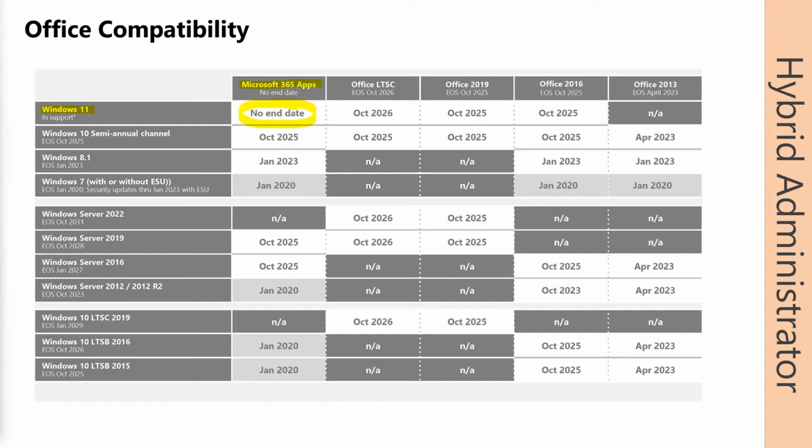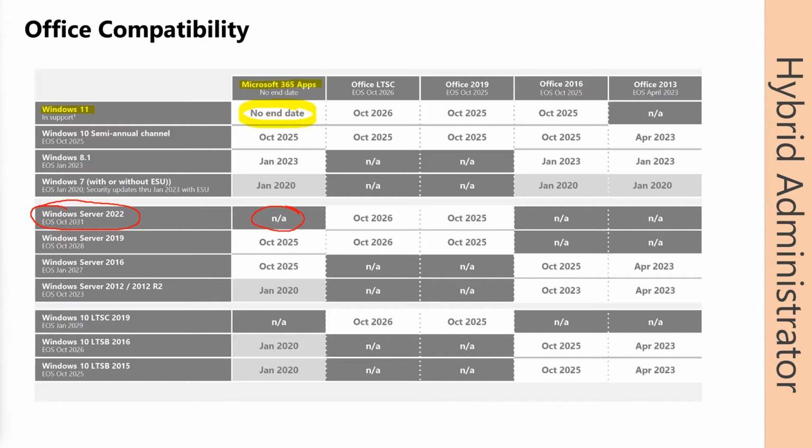When we go through the list, we will realize, oh, Microsoft 365 apps are not supported on Windows Server 2022. This means if our RDS host in a traditional on-premises deployment is Windows Server 2022, we don't have the Office support on this RDS host for Microsoft 365 apps.